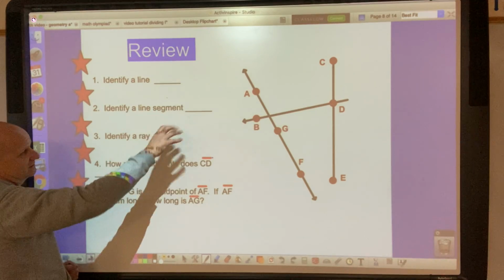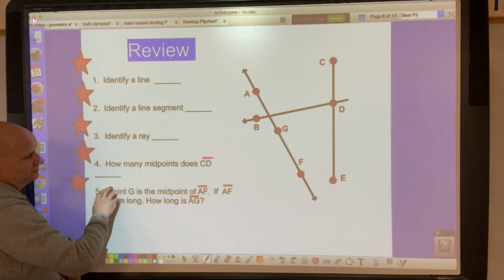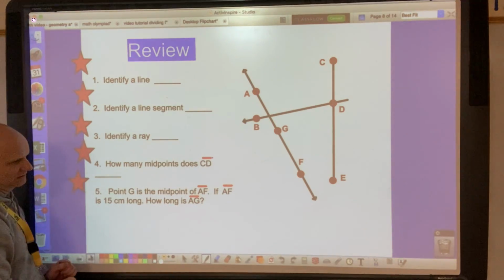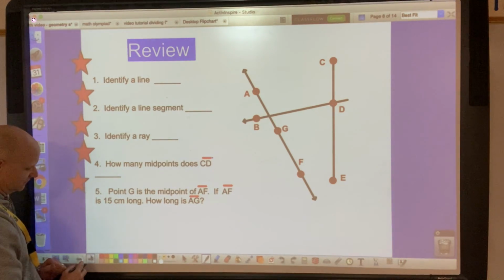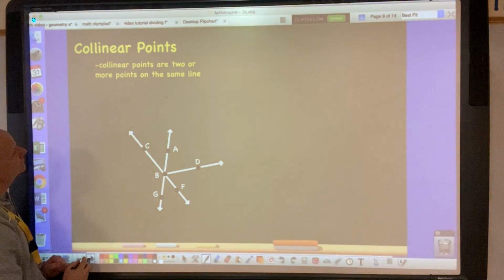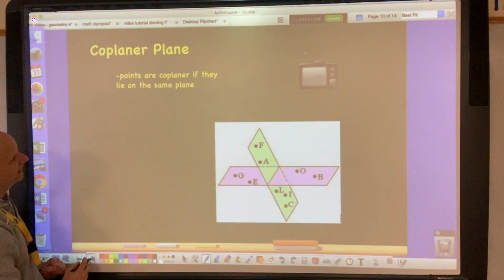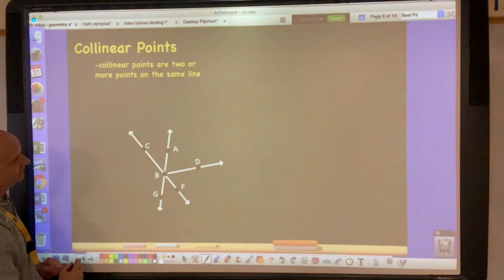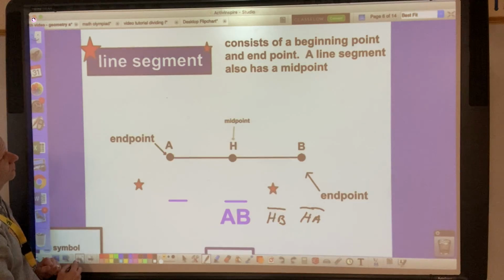I want you to identify a line segment, identify a ray, and tell how many midpoints line segment CD has, and then the last question, okay? And then what we'll do next day is discuss collinear points and coplanar planes. That sounds kind of weird, coplanar planes.